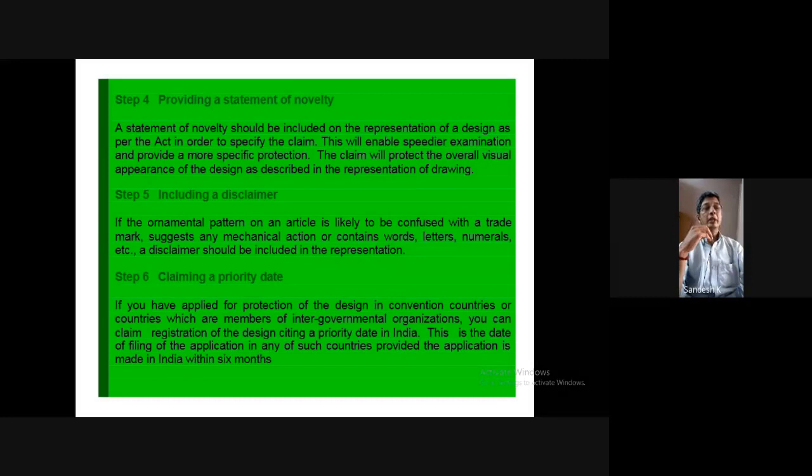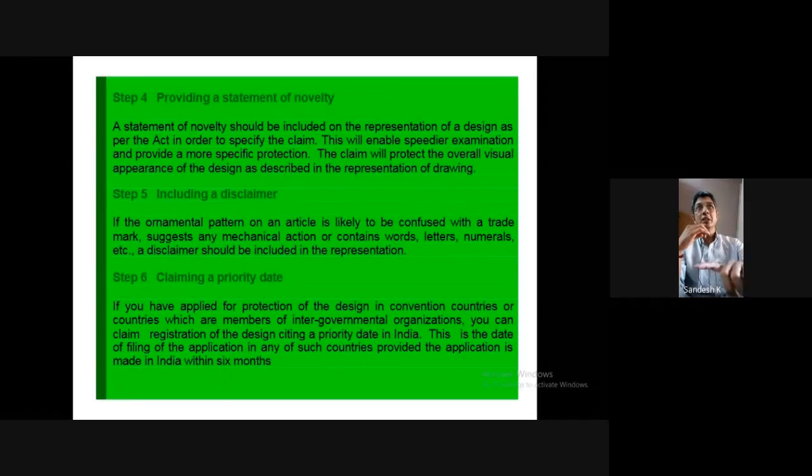Then you have to include a disclaimer saying whether it contains any letters or numerals, like a trademark. Sometimes you develop a drinking water bottle and put some label or alphabets on it. That alphabet should not be a trademark.